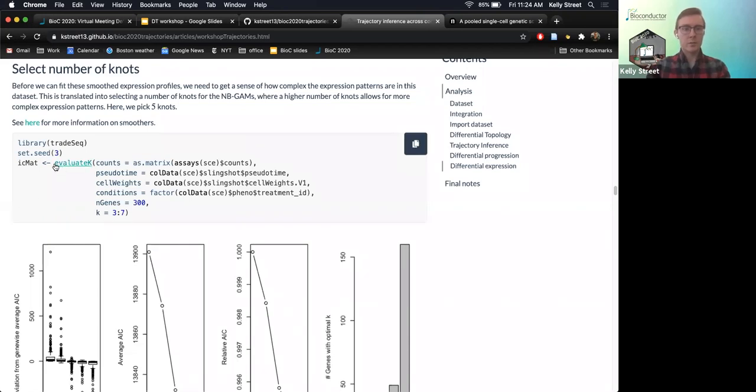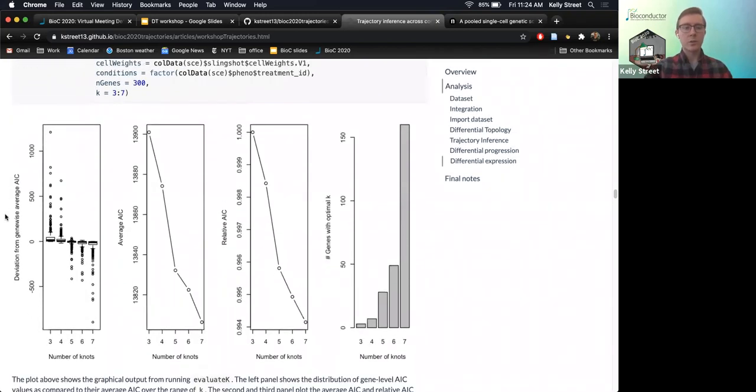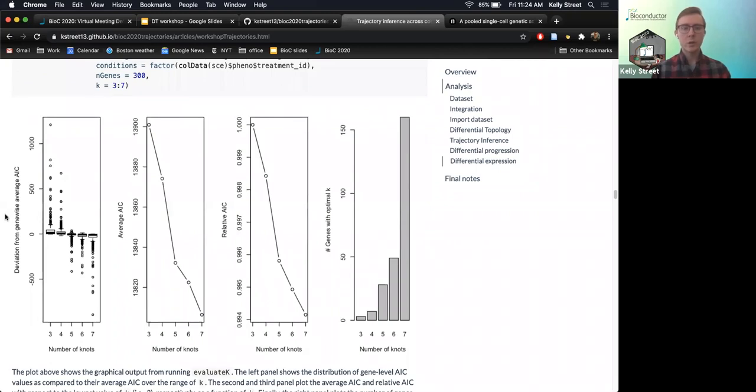For that purpose, we developed the evaluateK method, which lets you put in a range of possible knots, and it'll print out some summary statistics that you can use to hopefully determine an appropriate number. This can be a little bit computationally burdensome, which is why we've only tested 5 values here.